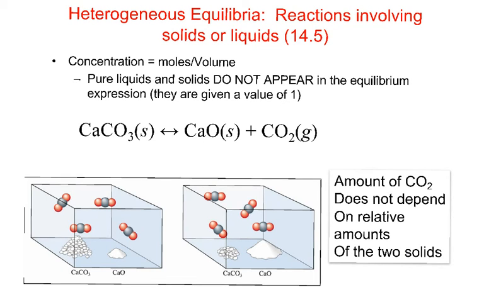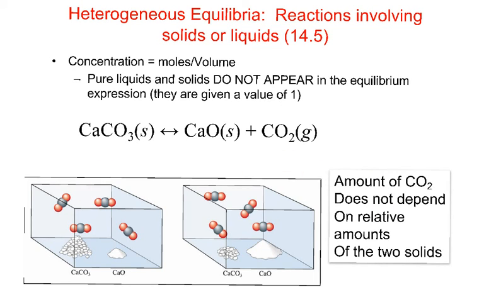Okay, finally, a note about heterogeneous equilibria. This refers to reactions that involve solids or liquids. And so it turns out that pure liquids and pure solids do not appear in equilibrium constant expressions. Instead, they're given a value of 1. And demonstrating that is this sample reaction here.